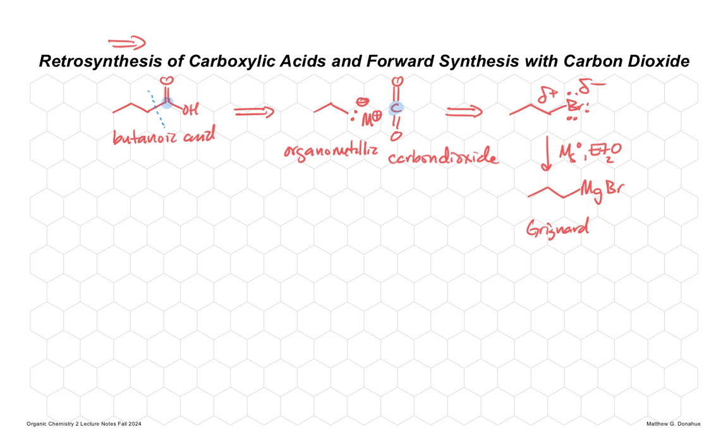So the strategy is that from that initial carbon, which is delta plus, by treating it with magnesium, now the carbon's minus, so the polarity has inverted. So once we have that, I'll just draw it like this, minus MgBr plus, delta minus.